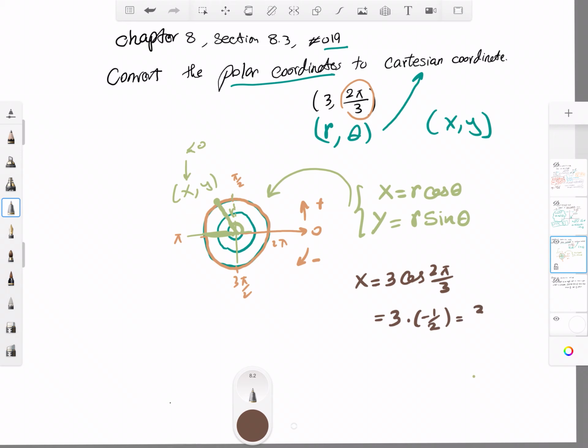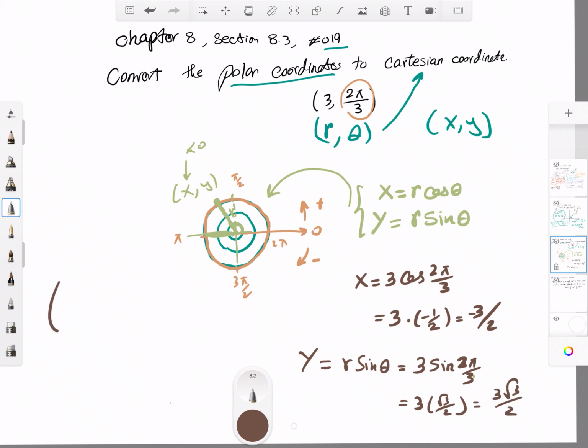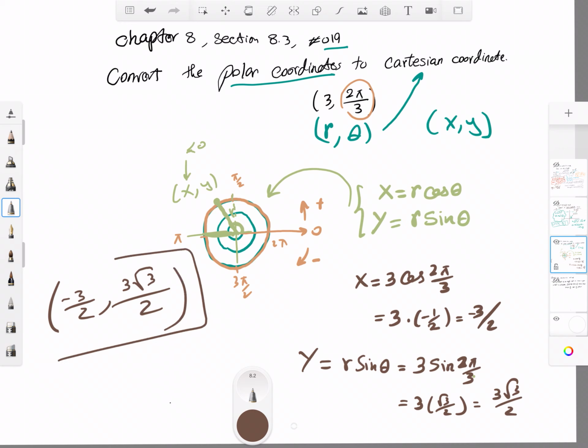The answer will be negative 3/2, and y equal to r sine theta, which is 3 sine of 2 pi over 3, which is 3 times root 3 over 2, so 3 root 3 over 2. So the final answer will be negative 3/2, comma 3 root 3 over 2. That's the exact one.